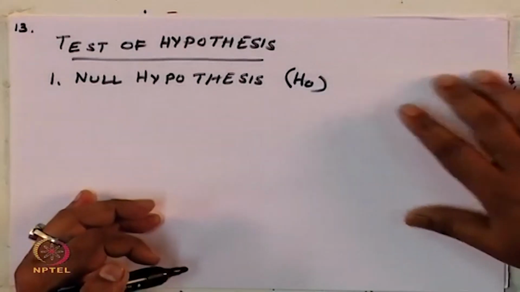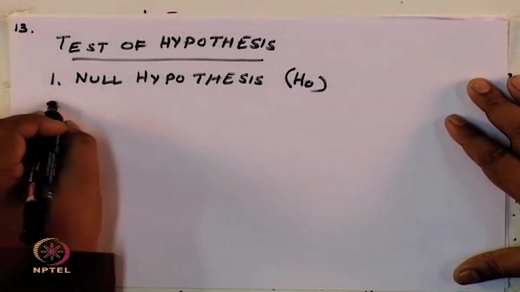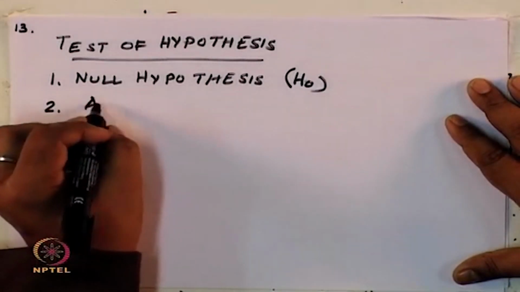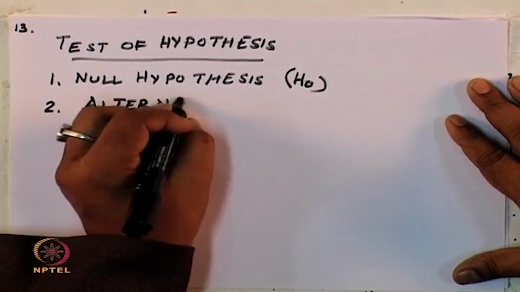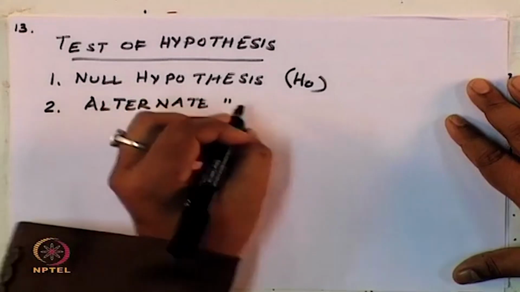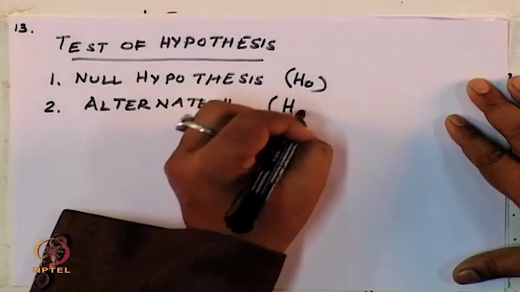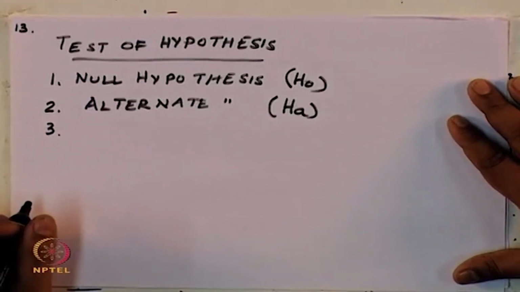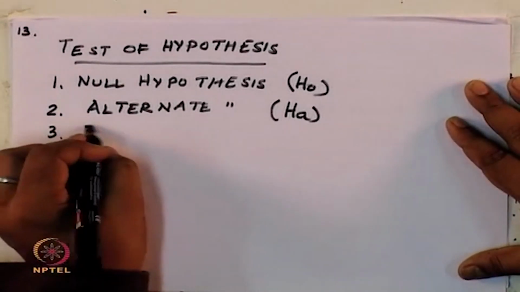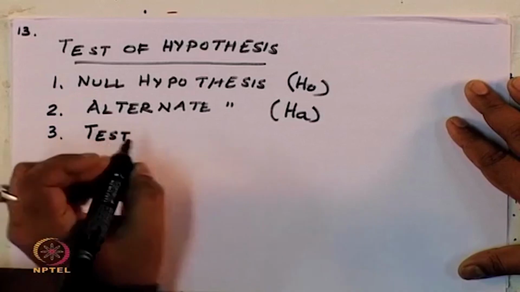You have an alternate hypothesis, typically represented as H A. Based on the evidence, you calculate something called a test statistic.